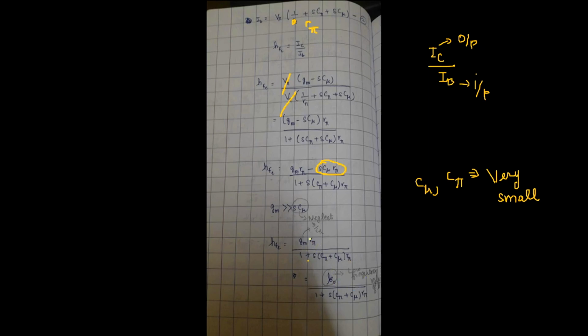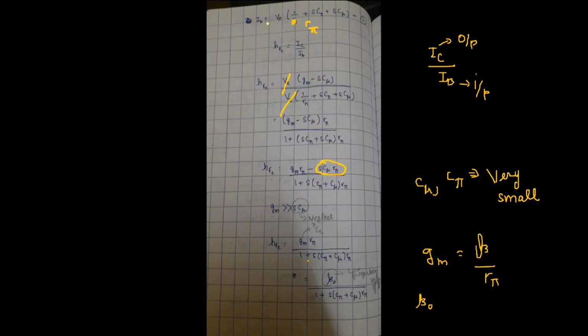We know that g_m into R pi gives us beta. We know that g_m is equal to beta divided by R pi, so we can write g_m into R pi as beta. We write it as beta naught to signify a specific beta that is only for low frequencies. After we replace g_m R pi with beta naught, we are left with beta naught over this expression, and we know that omega is equal to 2 pi f.